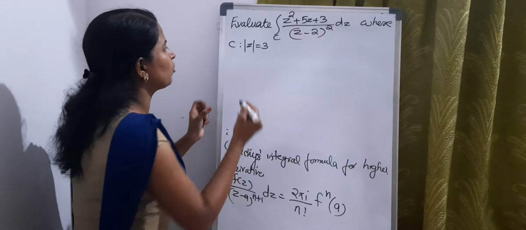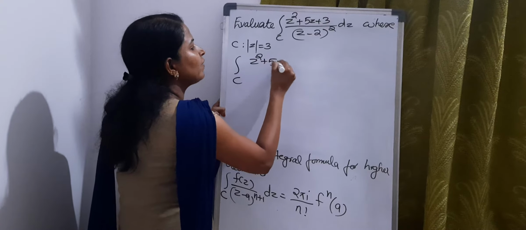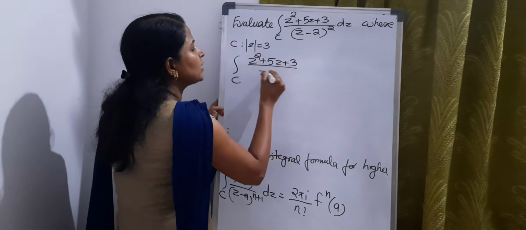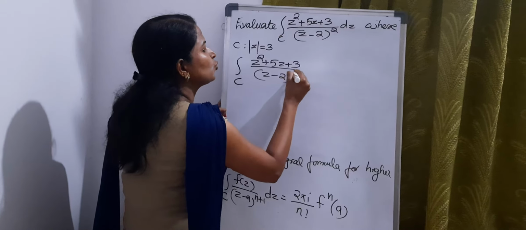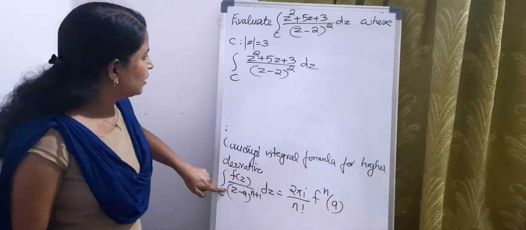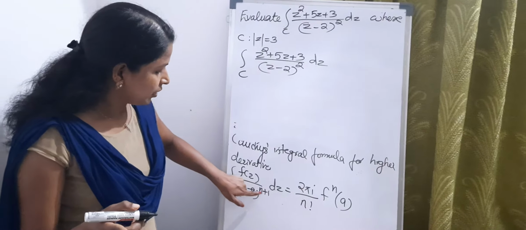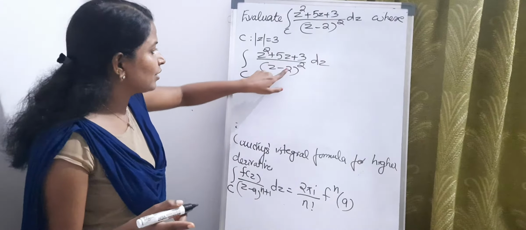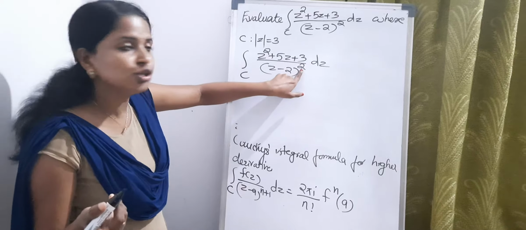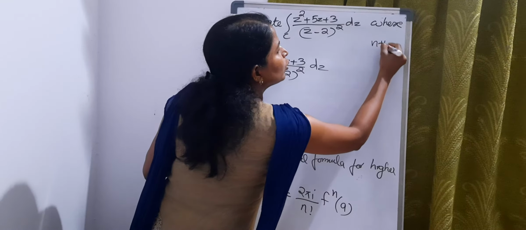We apply this formula to the integral over C of (z square plus 5z plus 3) by (z minus 2) whole raised to 2 dz. Compare the two LHS. Here z minus a is raised to n plus 1, and here (z minus 2) is raised to 2, so n plus 1 equal to 2.